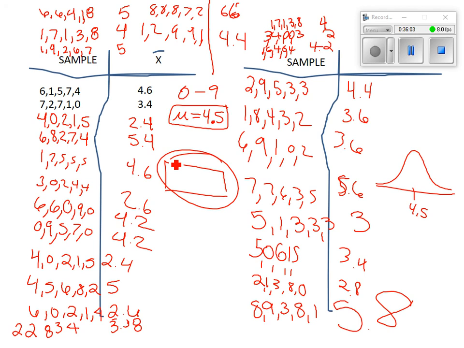Divided by 28. So this is our sample mean. Anybody get it? I got like 4.1. That's what I got.